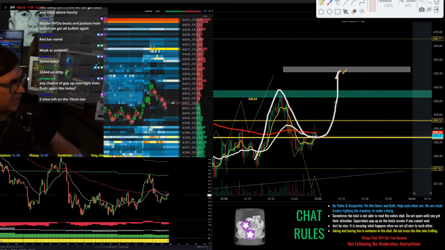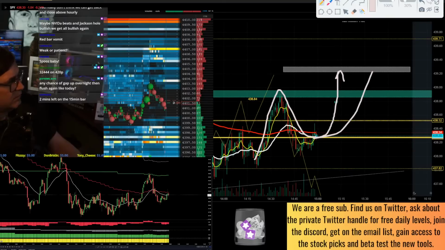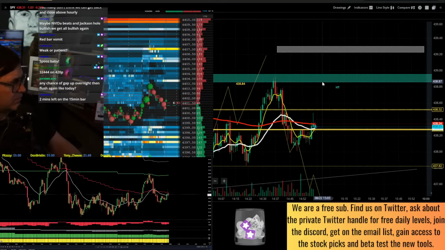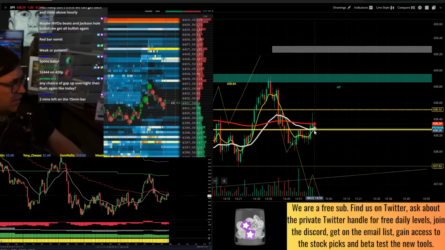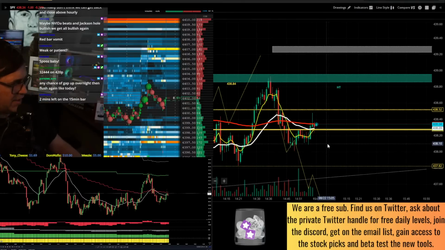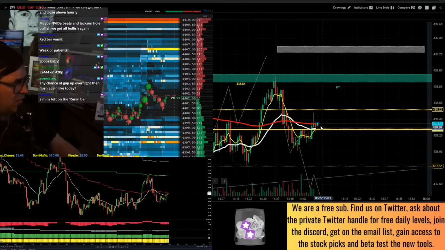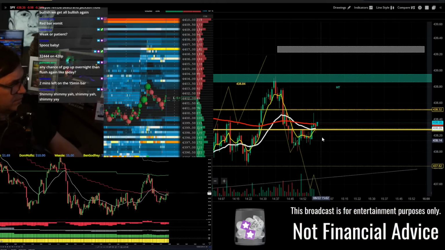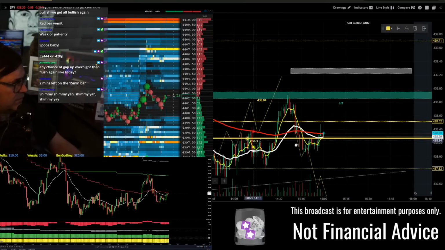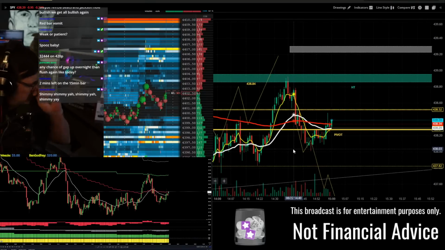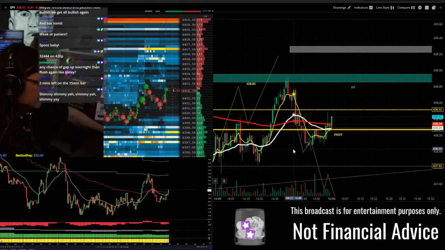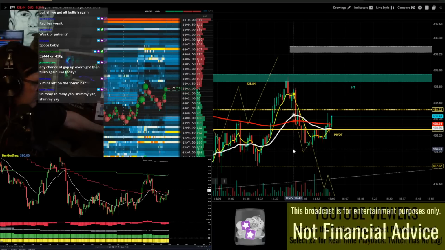Looking for second tag right there. Do not want to see price closing below 438.31, somewhere in there. Don't want to see any closing bars down here. No closing bars below here. There's your pivot. Trading 24, 25.